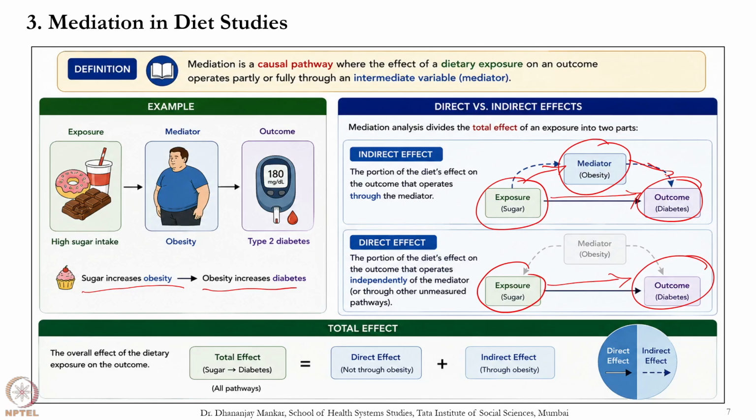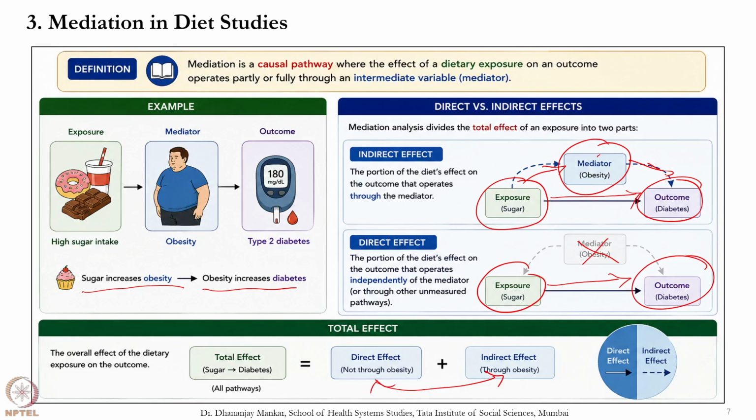The direct effect is what we have seen, and the indirect effect is the one through obesity, where obesity is seen as a mediator. So if you combine both, it will come as the total effect, direct plus indirect.